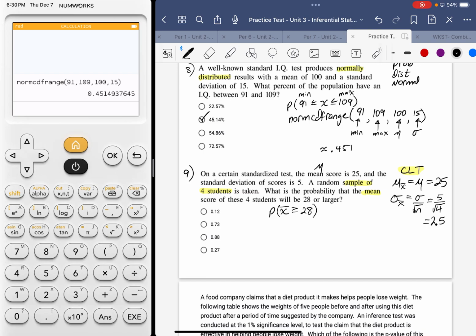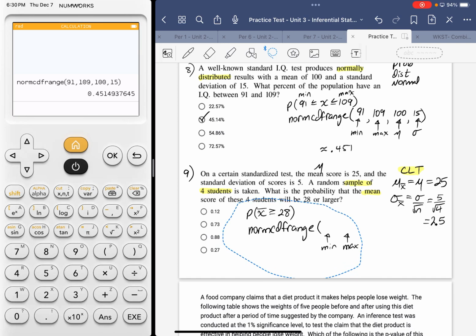The way this differs from the previous example is we're still going to use norm CDF range, with the min and the max. Let me move this over a little bit and turn that off because it'll take the actual question with it.